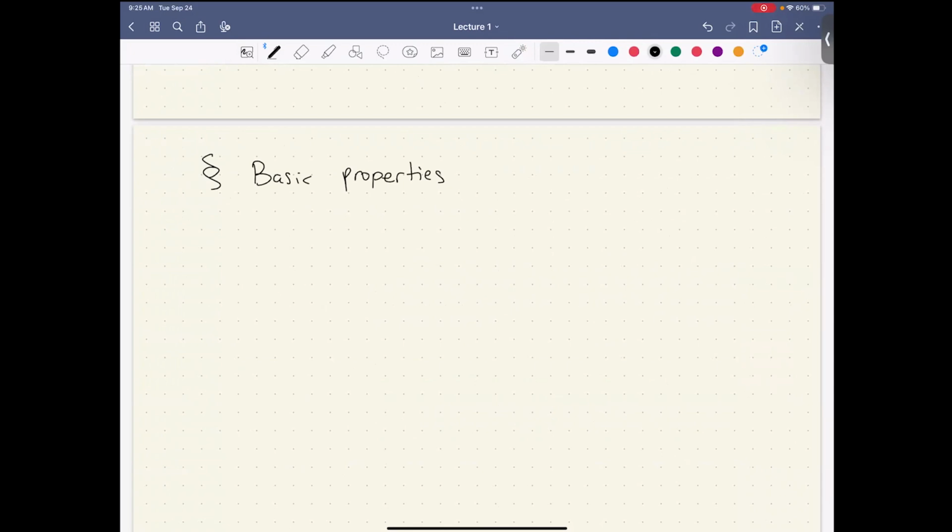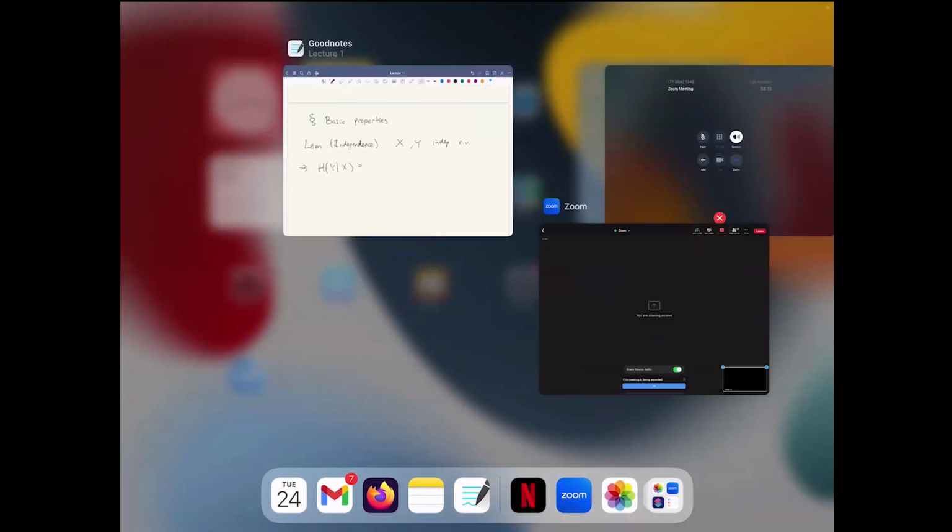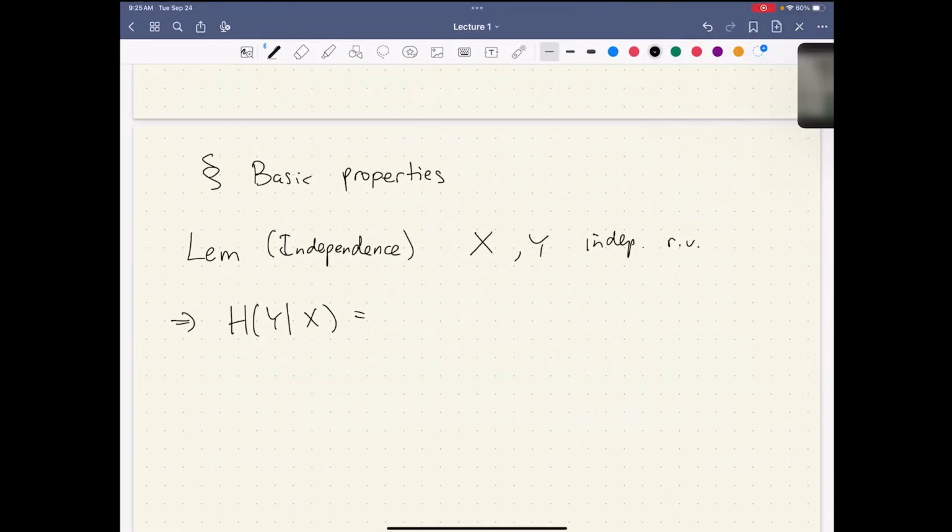The first basic property is called independence. If we have X and Y, they are independent random variables, they have nothing to do with each other, then the conditional entropy of Y given X is the same as the entropy of Y. Why is this intuitively true?